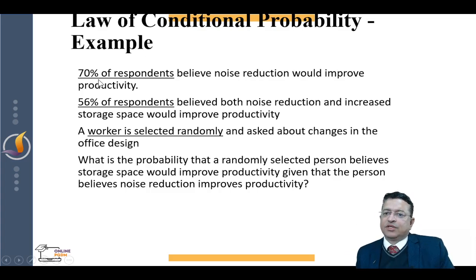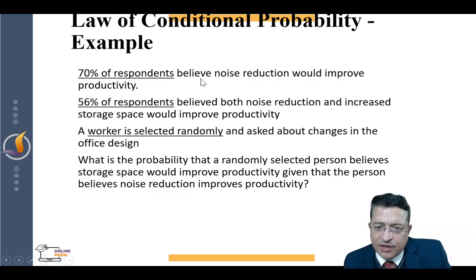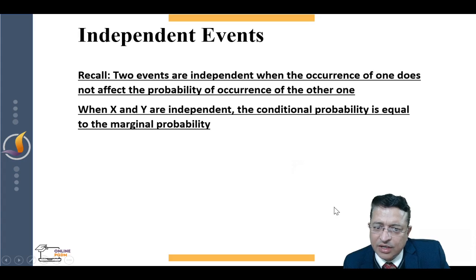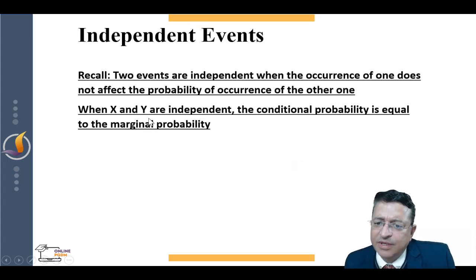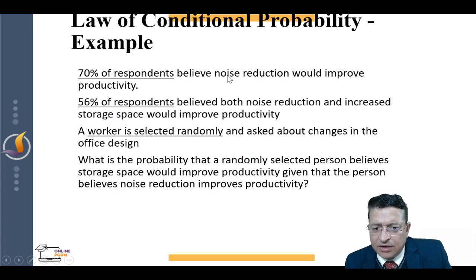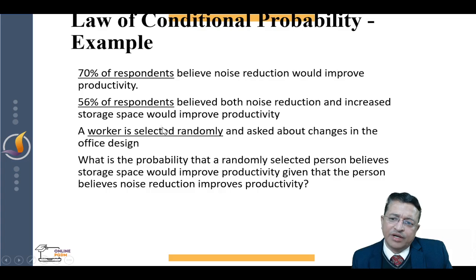Now, conditional probability: suppose 70% of the respondents believe noise reduction would improve productivity and 56% believe storage space would. First of all, it would be better if we convert this situation into a matrix, then you can easily calculate. Otherwise, if a small problem is given, you can also calculate. Here you are given the marginal probability as well as the joint probability.